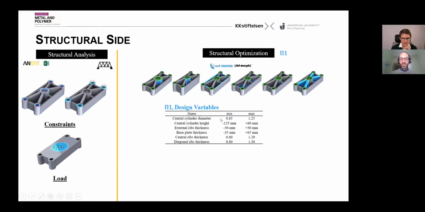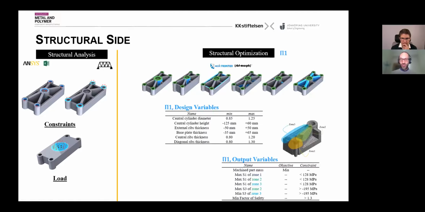For the central cylinder diameter, central ribs, and diagonal ribs, we used a change factor that was just multiplying the starting dimension, while for the others we used a specific limitation on the change.